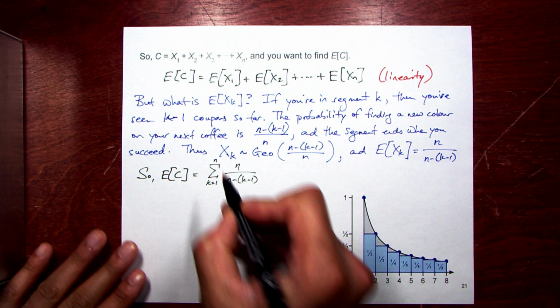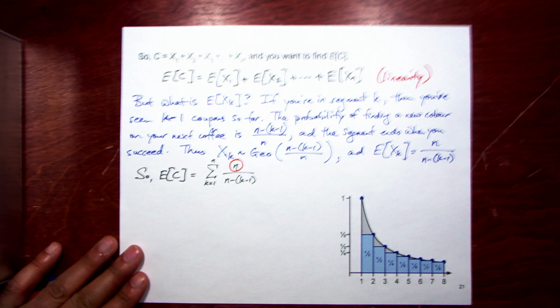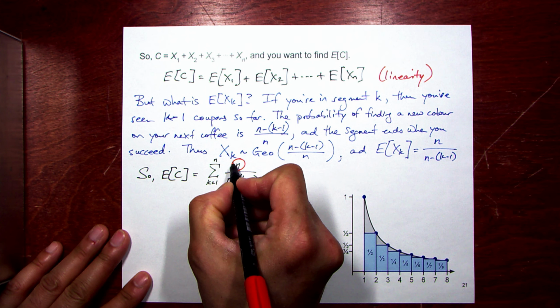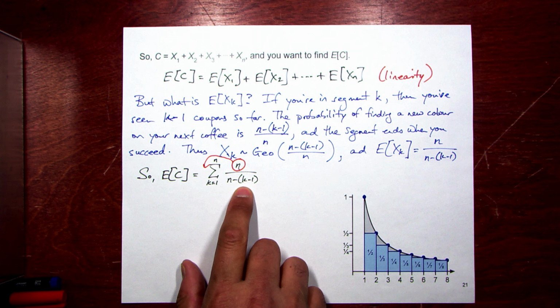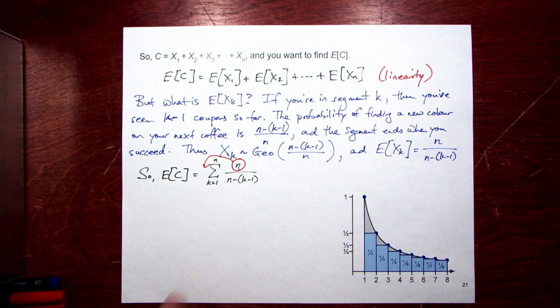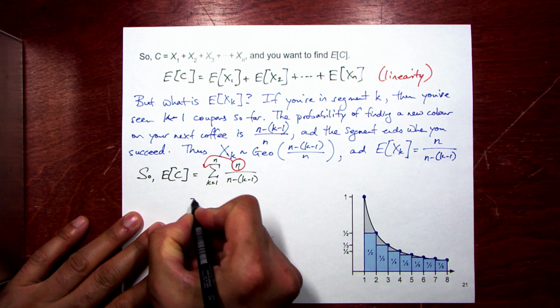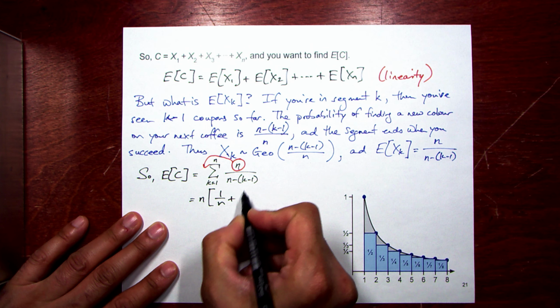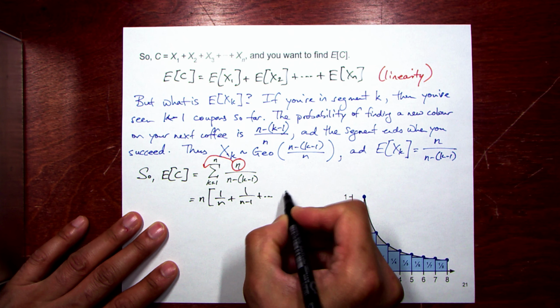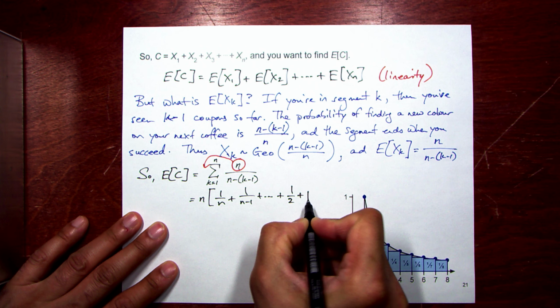The numerator is actually something we can factor out, so we'll just pull that out. If we look at what happens when k is equal to 1, that'd be 1 over n. K equals 2 will be 1 over n minus 1, and then 1 over n minus 2, and so on. So this is going to be 1 over n plus 1 over n minus 1 plus eventually a half plus 1.